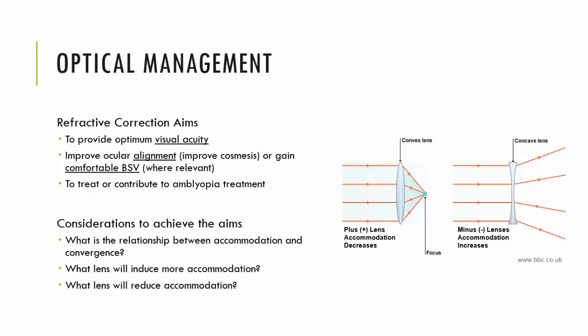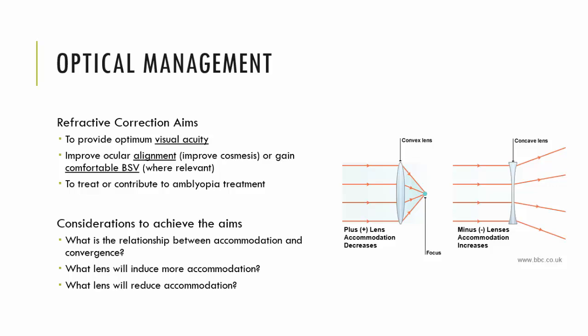For anisometropic amblyopia, we would be interested in correcting that refractive error to improve the visual acuity and also manage amblyopia. And then we have the ametropic amblyopes who have high hypermetropia. And of course, part of the treatment of these patients will be prescribing the hypermetropic correction. We'll talk more about that when we come to the management of amblyopes.